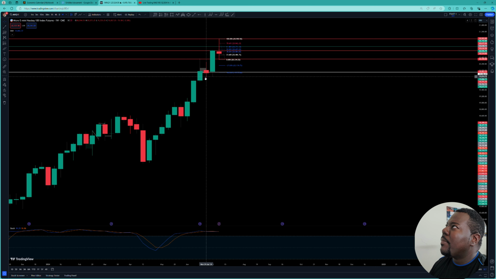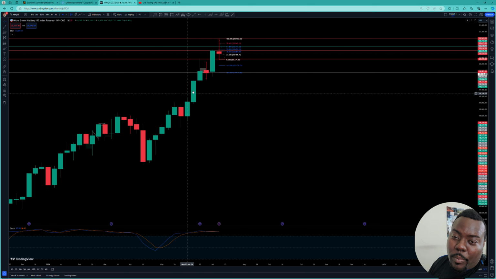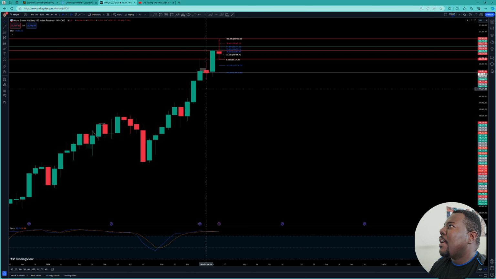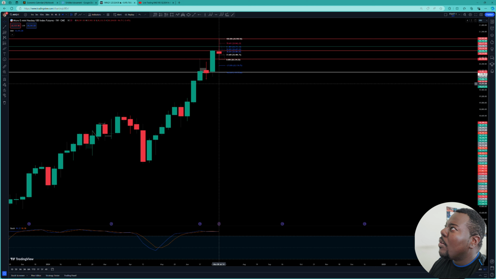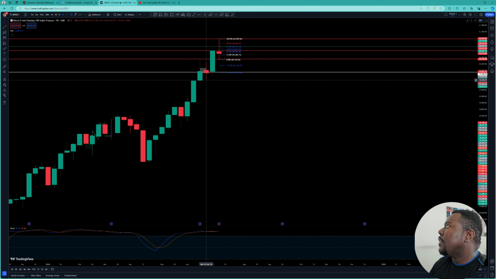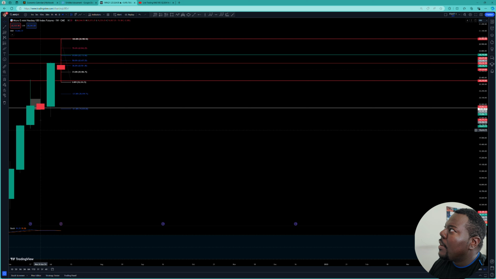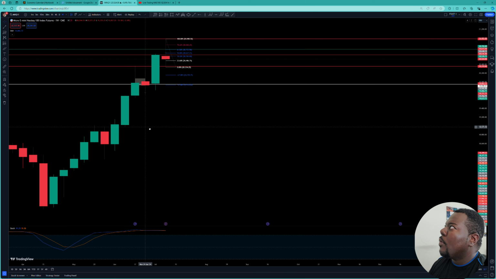The wick is somewhat equal on the top and bottom, which would be like a pin bar. If I'm wrong, please somebody correct me in the comments, and I'll double check that as well. Although the lower wick looks a little bit shorter than the upper wick, I'm not going to go into all that. But anyway, we closed with this nice doji here on the weekly time frame.